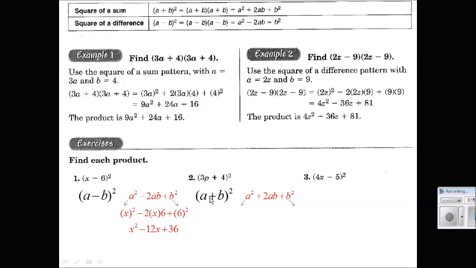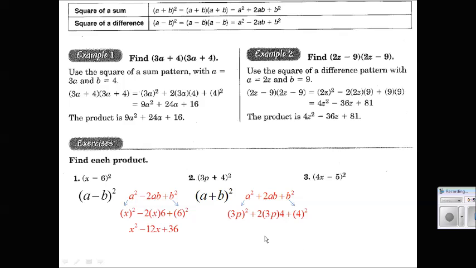This is a sum. So instead of a subtraction problem here, I have an addition problem that I'm going to create, but let's identify the a, 3p. So the first monomial is 3p squared. Let's see. What's 3 squared? Oh yeah. It's 9. What is 4 squared? Oh yeah, it's 16.